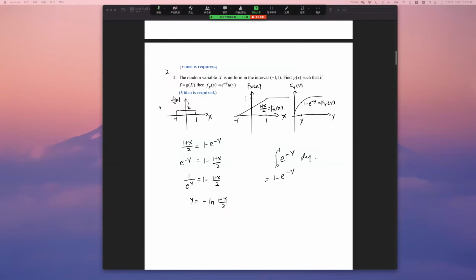So we can draw this graph. And we can also get this graph, which is the integral from -1 to 1 of 1 over 2.